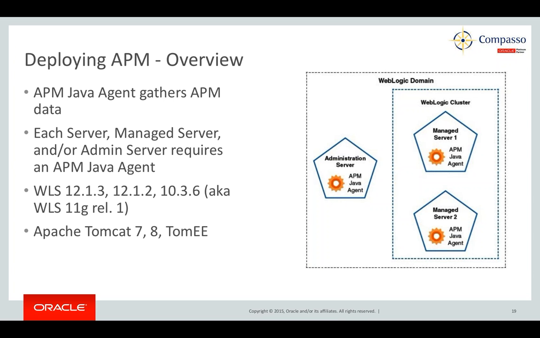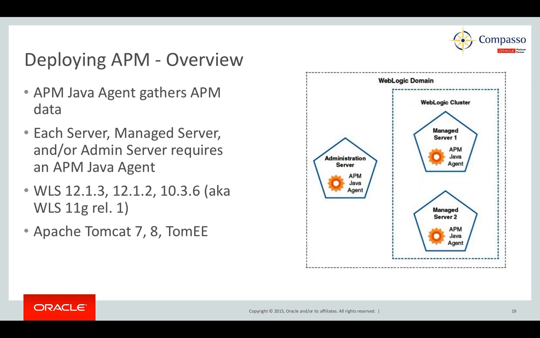They could be on one physical server, or on multiple physical servers or VMs, whatever the case may be. Each one gets an APM agent. This APM agent is what actually sits there and measures and gathers the metrics relevant to each service call, each servlet, JDBC calls, things like that.